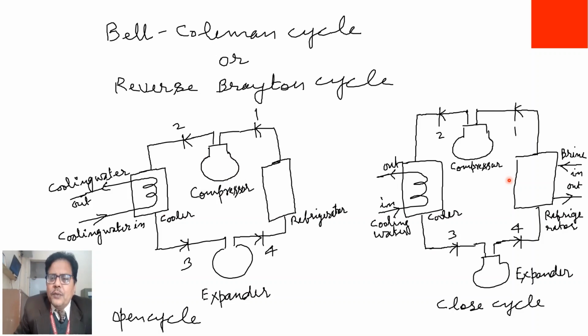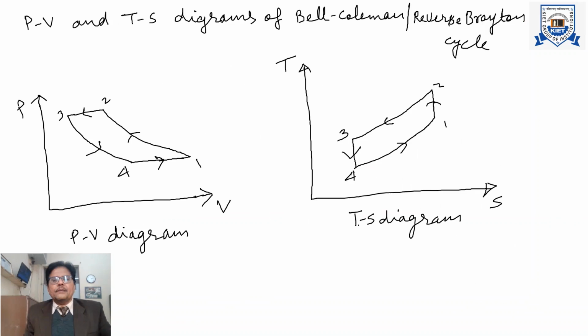But in the case of a closed system, since air is circulating in tubing, there is no chance of any contamination. So this is the difference between the open cycle and the closed cycle.